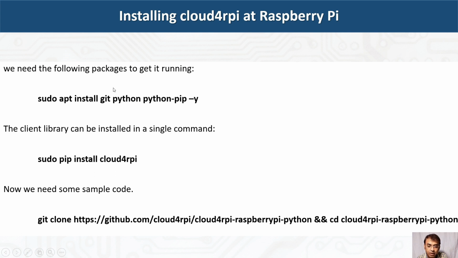So you can just type this particular command in your Raspberry Pi terminal. Then you have to install the Cloud4Rpi. This is the command, as you can see. Now we need some sample code. After that you have to type this command in your Raspberry Pi terminal.